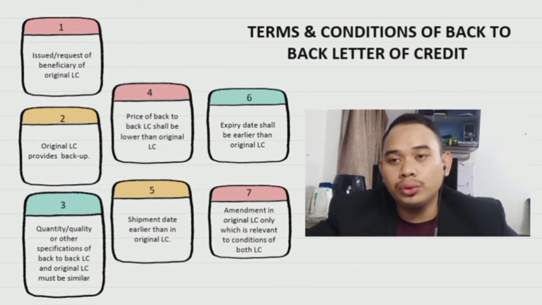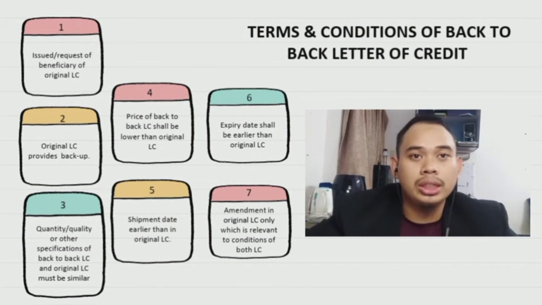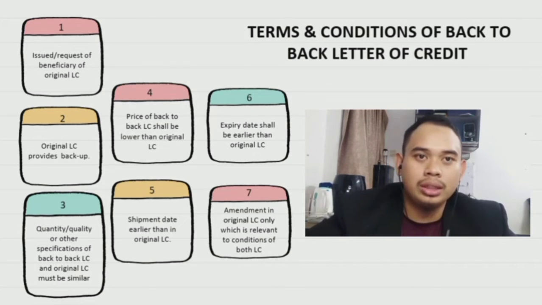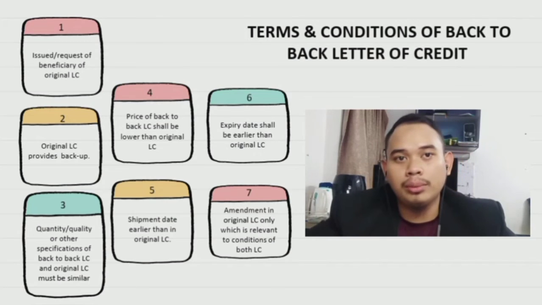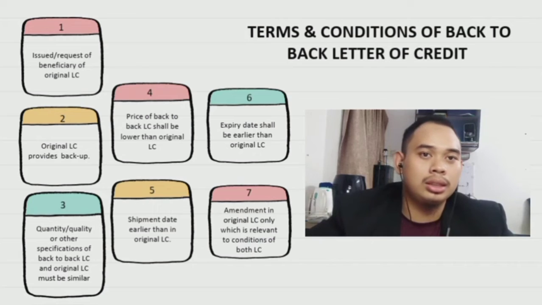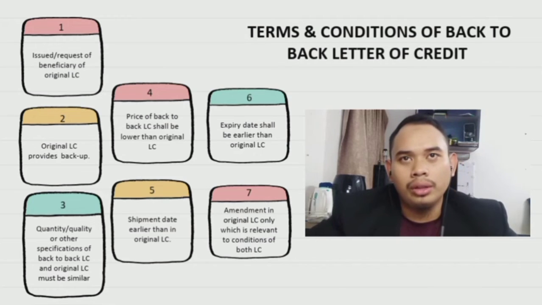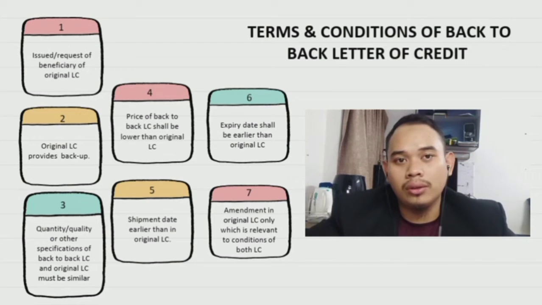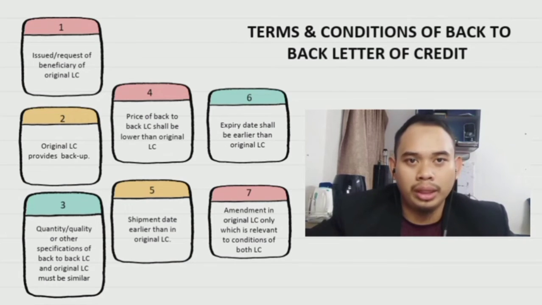Finally, we move to the terms and conditions under a back-to-back letter of credit. What are the terms and conditions? Firstly, it is issued on request of the beneficiary of the original LC. Secondly, the original letter of credit provides a backup. It means the creditworthiness of the beneficiary of the original letter of credit is also relevant for the backup.